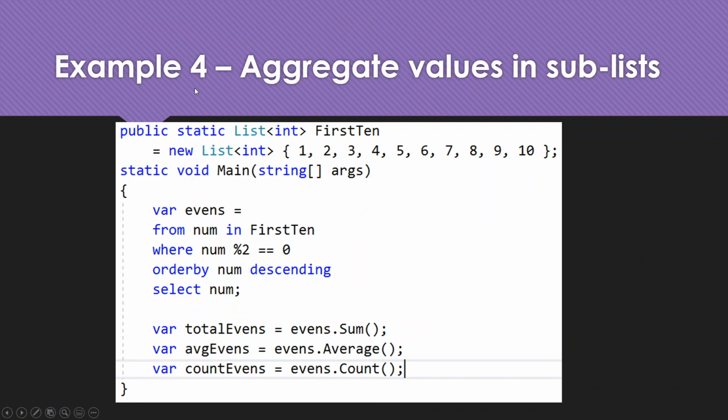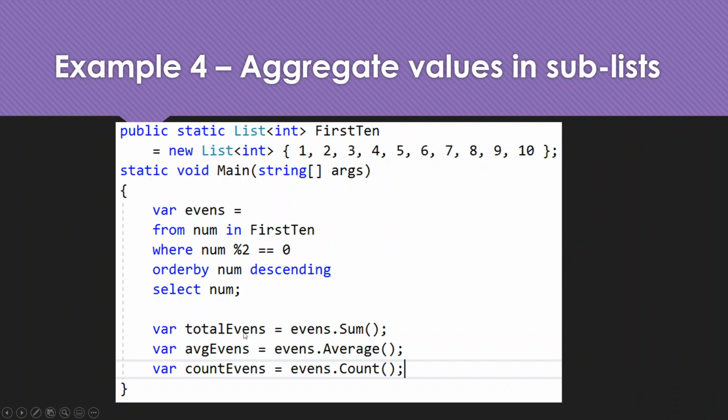Other things you could do are aggregate values. So this is a little bit of list API stuff and a little bit of LINQ. You can use LINQ to get some list, and then you can use the list API to get either the sum or the average or the count of values in that list.